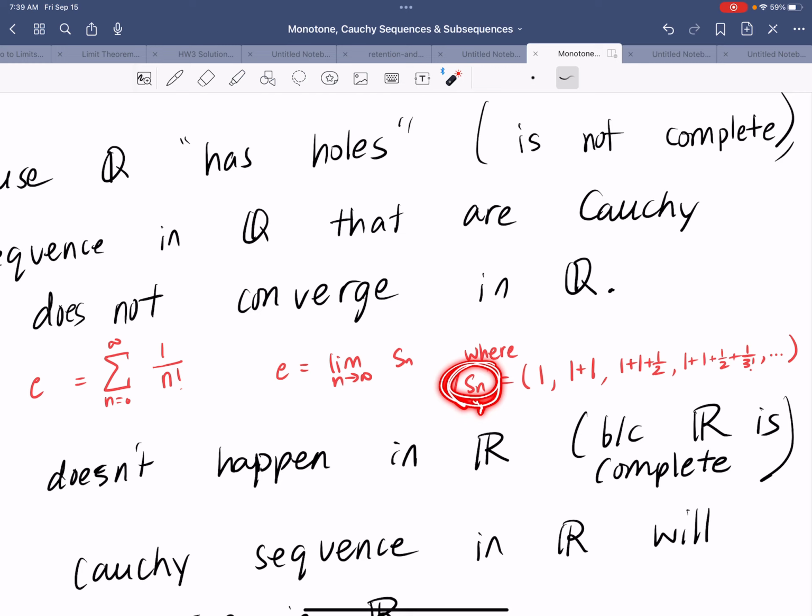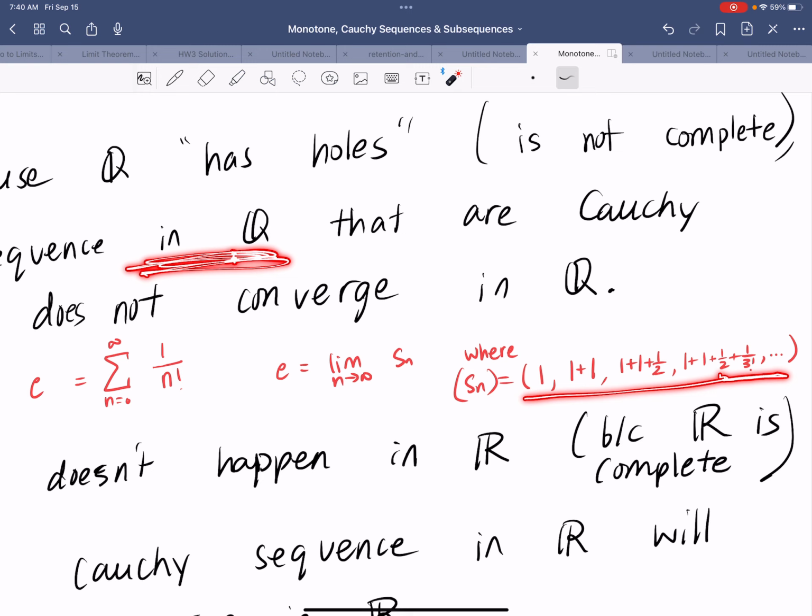It converges in R, however, it doesn't converge in Q because its limit would need to be an irrational number. And if you're living in the land of Q, you don't know that irrational numbers exist. So in Q, here's an example of a sequence of rational numbers that are getting close to each other, but in Q, they're not getting close to any limit.